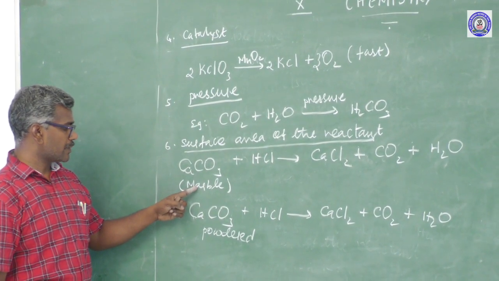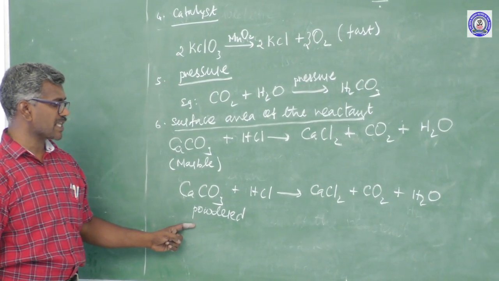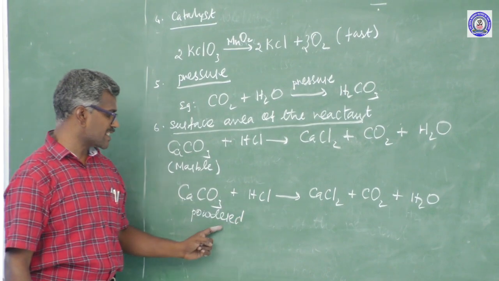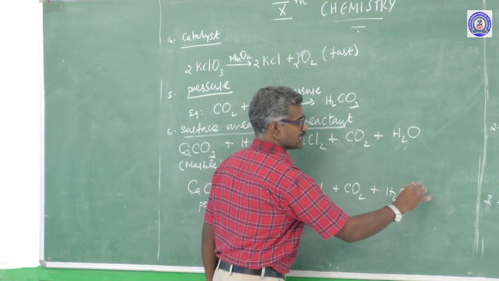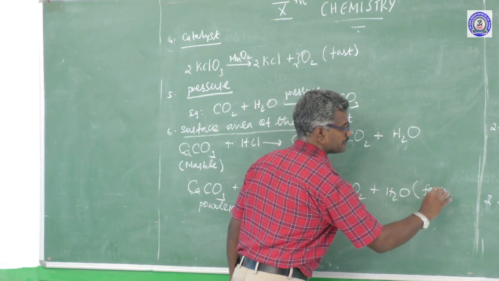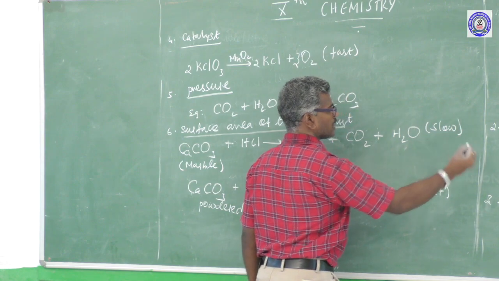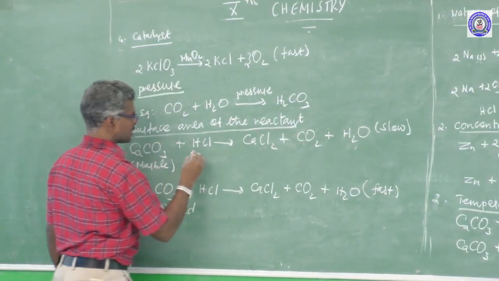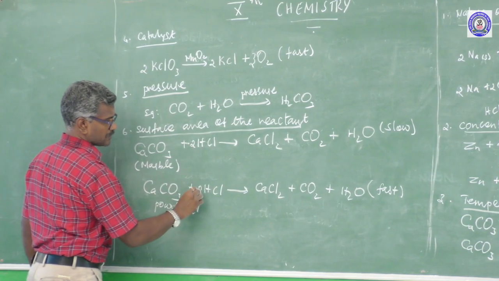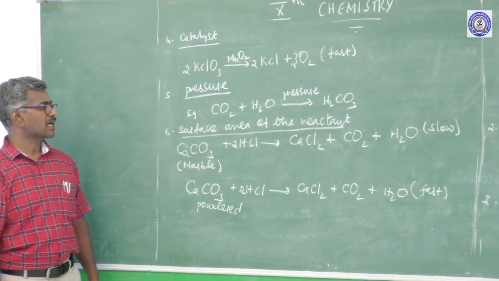Here, marble and powder: powder has the larger surface area, so when surface area increases, the rate of the reaction also increases. This reaction is a fast reaction. This reaction is a slow reaction. The equation balances with 2 chlorine, 2 hydrogen, 2 times. This reaction depends on the surface area of the reactant.